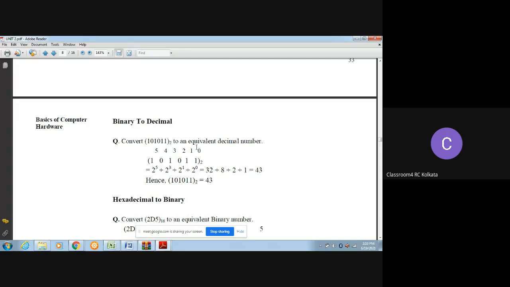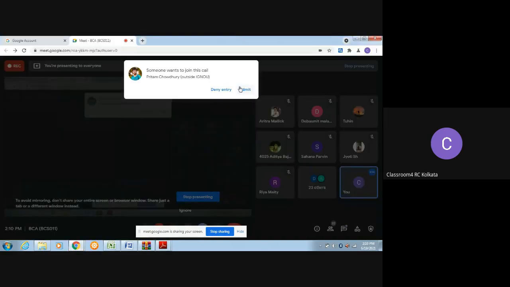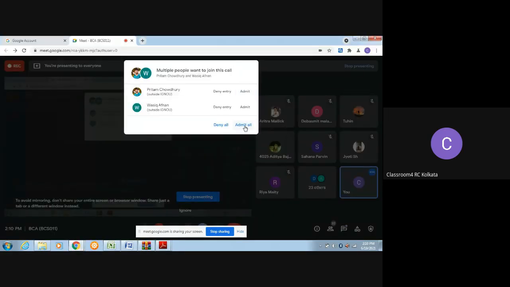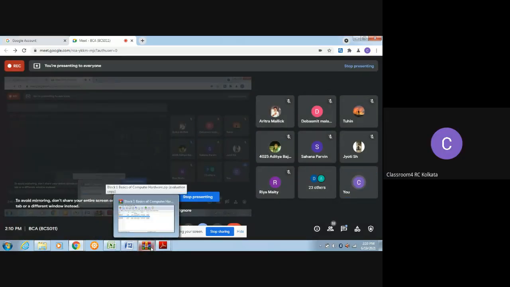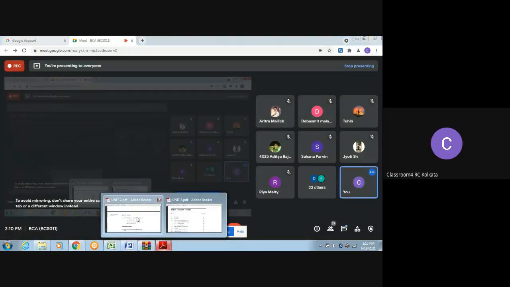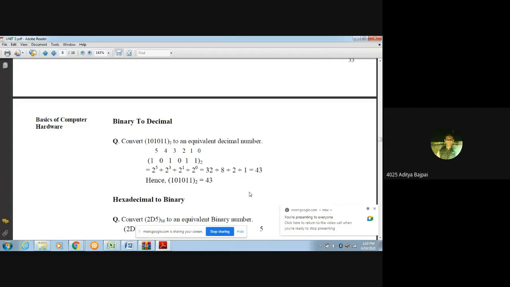So you just convert the decimal number into the binary number. That means 2 would be converted into a binary number. What is your binary number of 2? 0010. Good. And then what is the 5? 0101. Right.